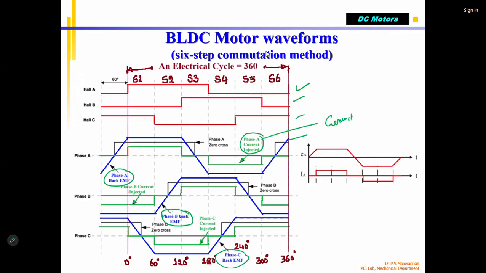Please note that the motor controller generates this waveform and supplies it. This is a modified square waveform, supplied as the stator coil voltage. Because of that, the current flowing will be trapezoidal in nature, almost like this, trapezoidal.